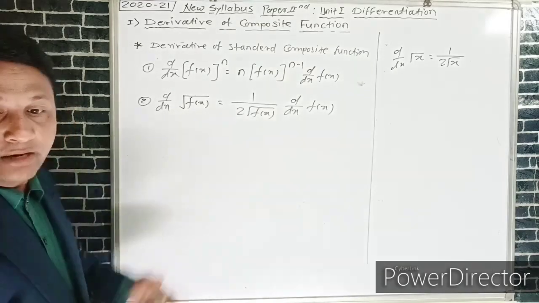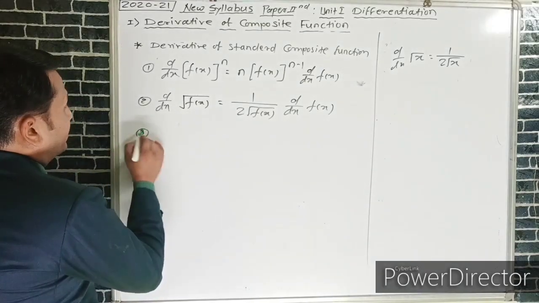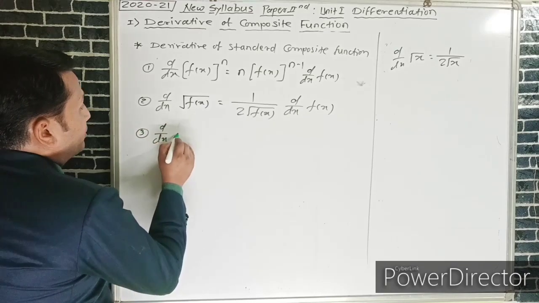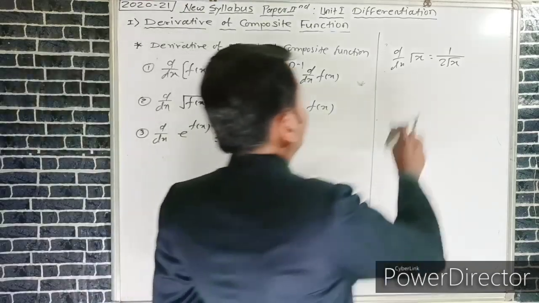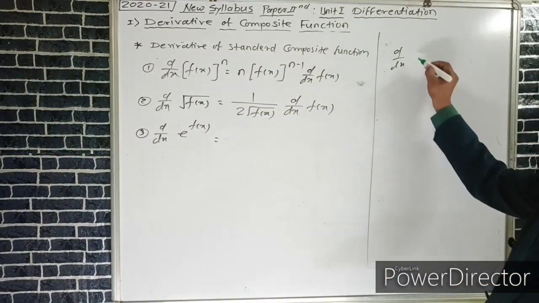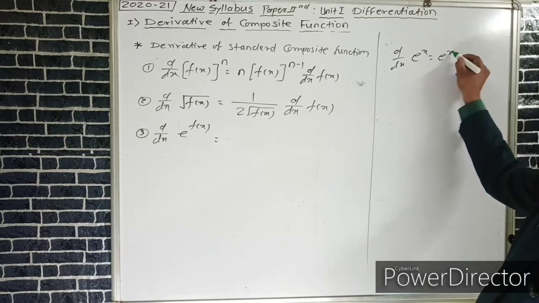Same as we can find also the derivative of e to the power f of x. We know that the derivative of e to the power x is equals to e to the power x.